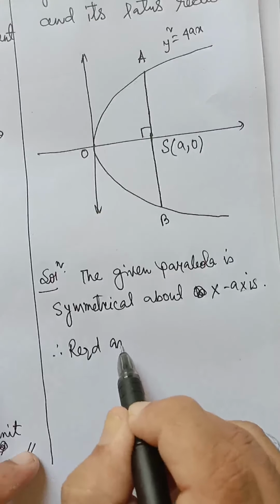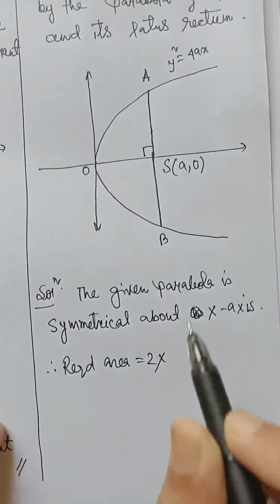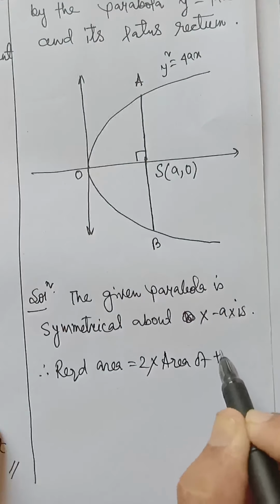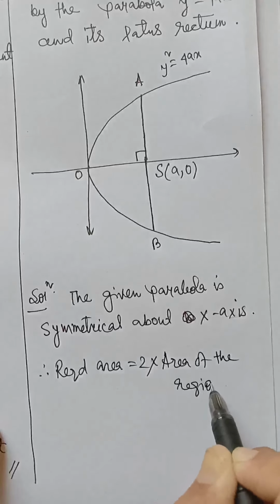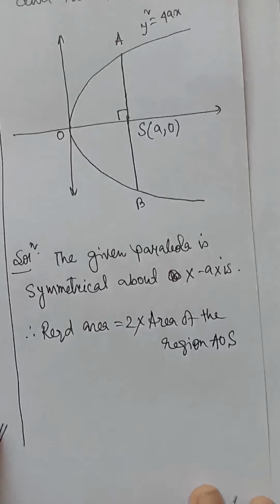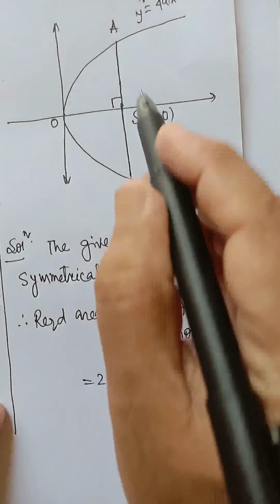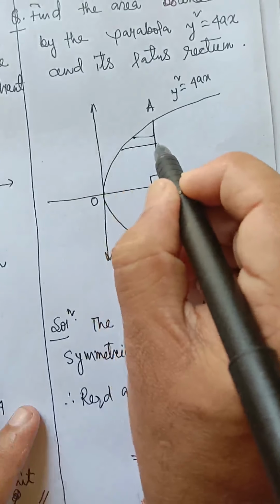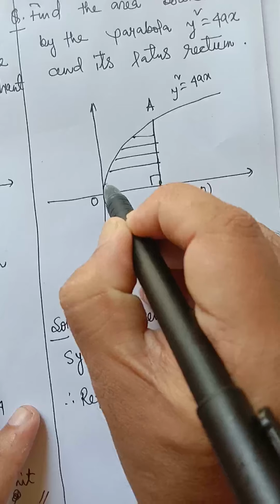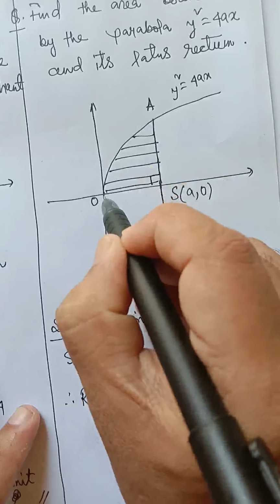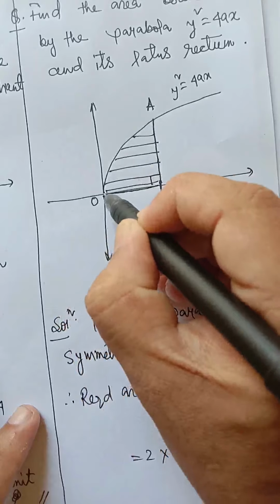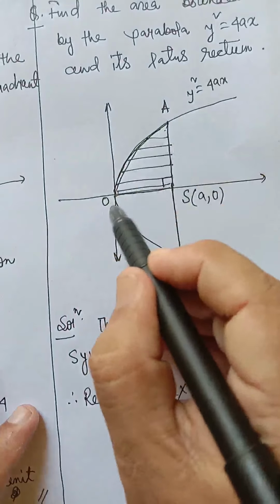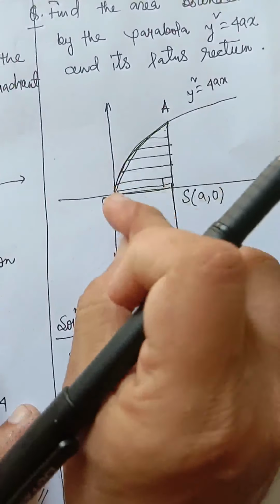So the required area equals 2 into the area of the region AOS, so twice of it. Now to find the area of the region AOS, we can observe that for this particular region one of the boundaries is the x-axis OS.